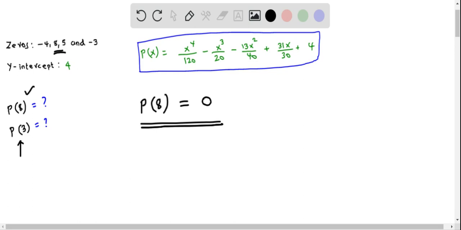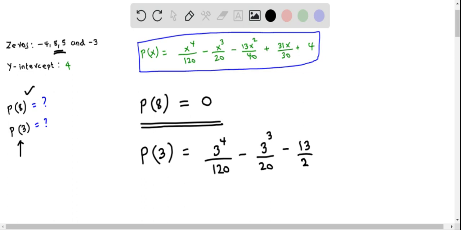Now let's determine the value of the function at x equal to 3. That is, we have to find p of 3. So we find p of 3 by replacing x by 3 in the p of x function equation. We get 3 raised to the power of 4 divided by 120 minus 3 raised to the power of 3 divided by 20 minus 13 by 40, sorry, times x squared.